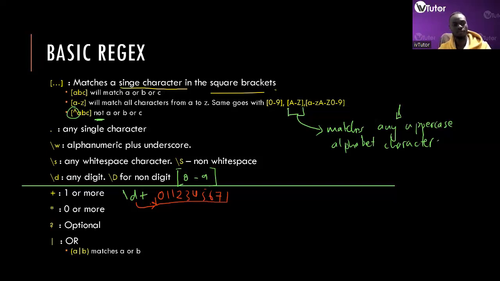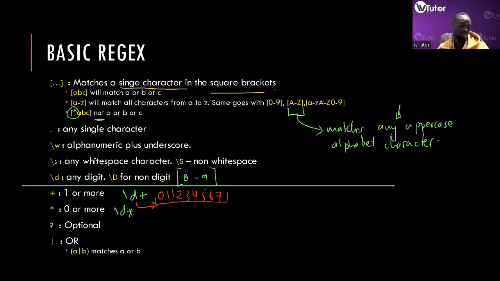Then the asterisk means 0 or more, which means if in this example I go \d and then put an asterisk, now this can match nothing. If there's no digit, it will still say, yeah, it's a match.